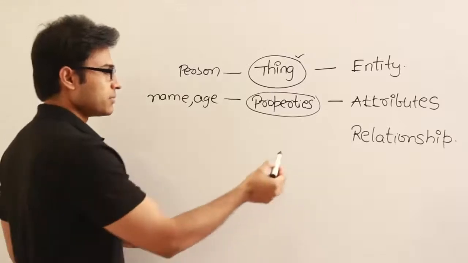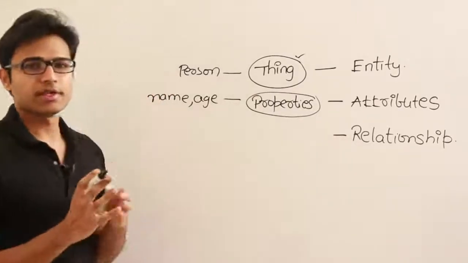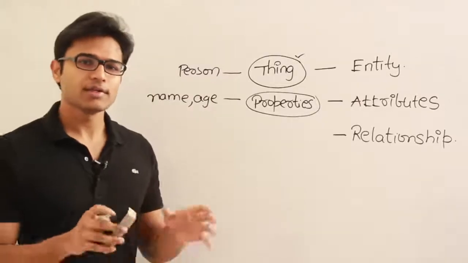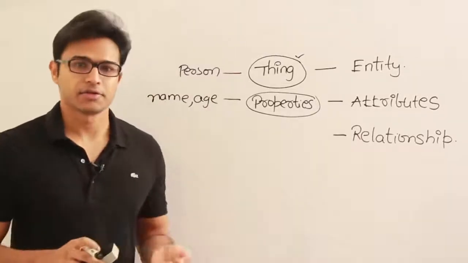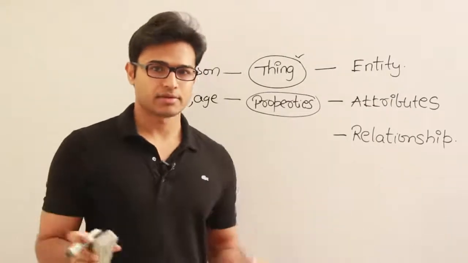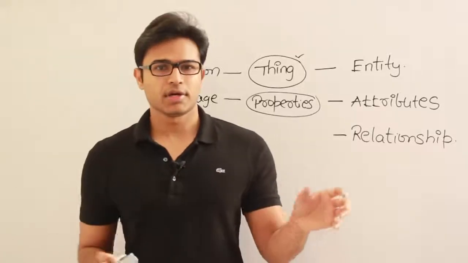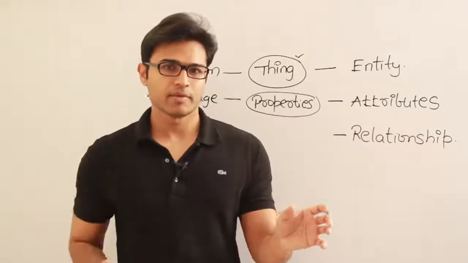And a relationship, you can think of it as an association among entities. How are these things related? That is called a relationship. How is a car related to a person? A person owns the car, right? Or how is the department related to an employee? The employee works for the department, right?